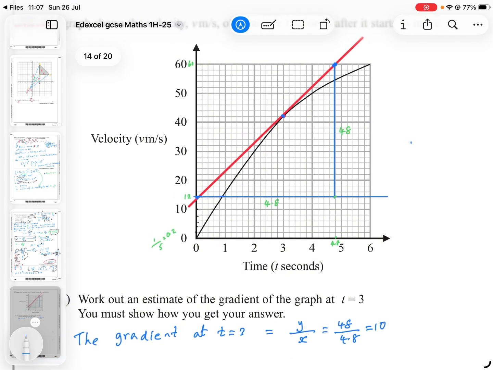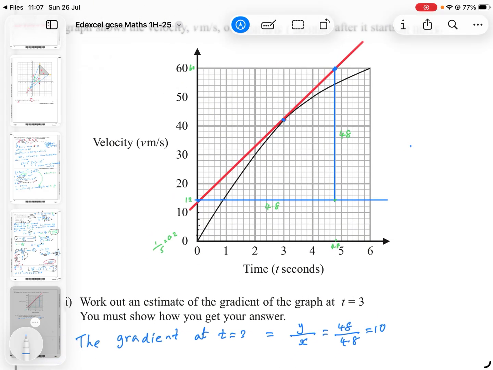Okay. First, what I have to do is, at t equal to 3, so this point on the graph, draw the tangent. I drew in red color a straight line.